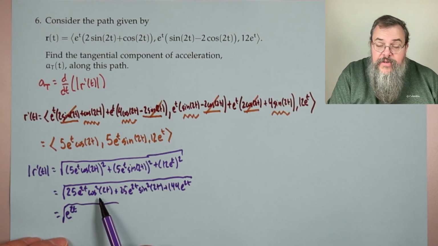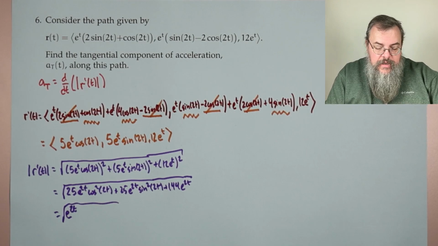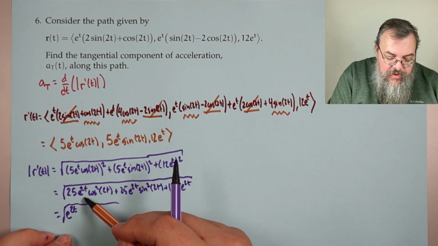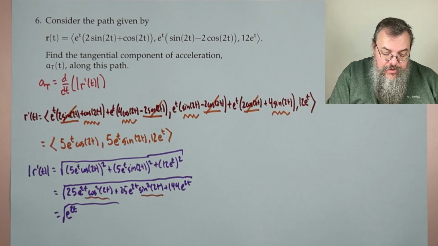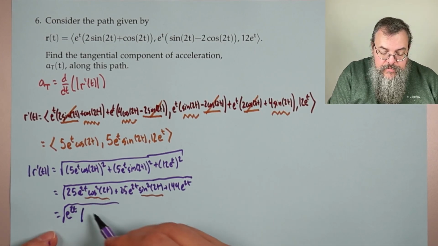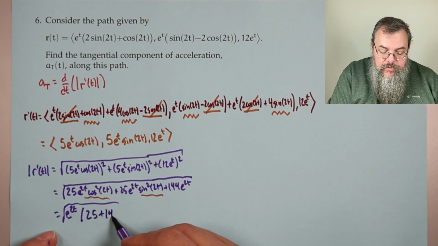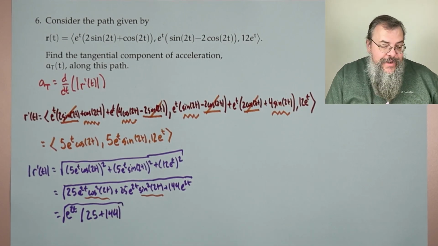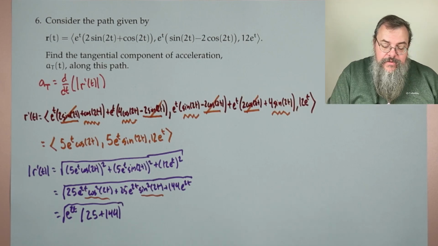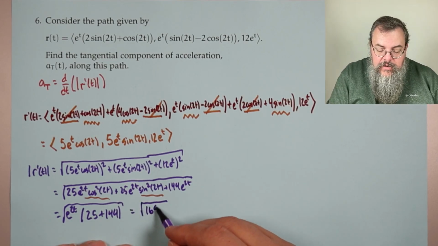Notice here, cosine squared and sine squared. So, which is to say, hey, cosine squared plus sine squared equals 1. So, those first two terms, 25 e to the 2t, and then we have plus 144 e to the 2t. 25 plus 144, that gives us 169 e to the 2t.